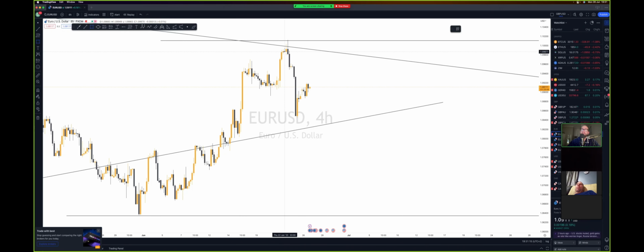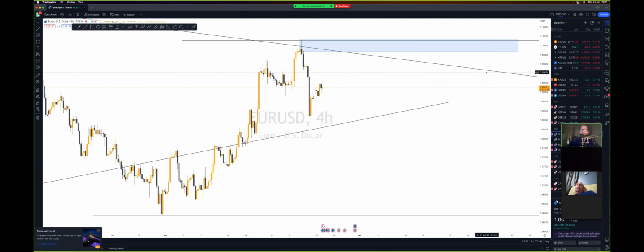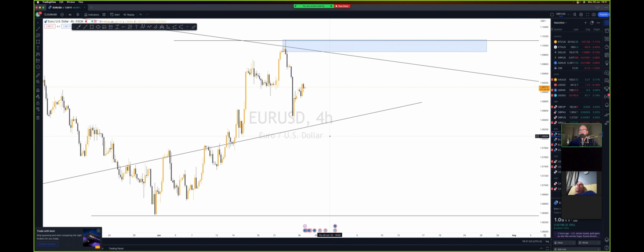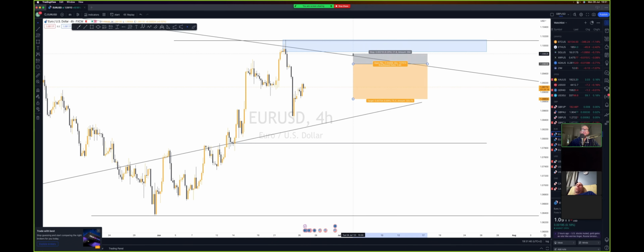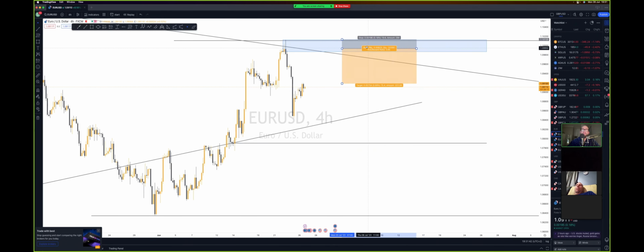So I'm going to mark this as a potential sell area on the 4 hour for Euro USD. And then previous lows got swept there, taken out there. And then first TP should be more or less around this area. Look how confusing these lines look. There we go. I'm going to refine this a bit now.